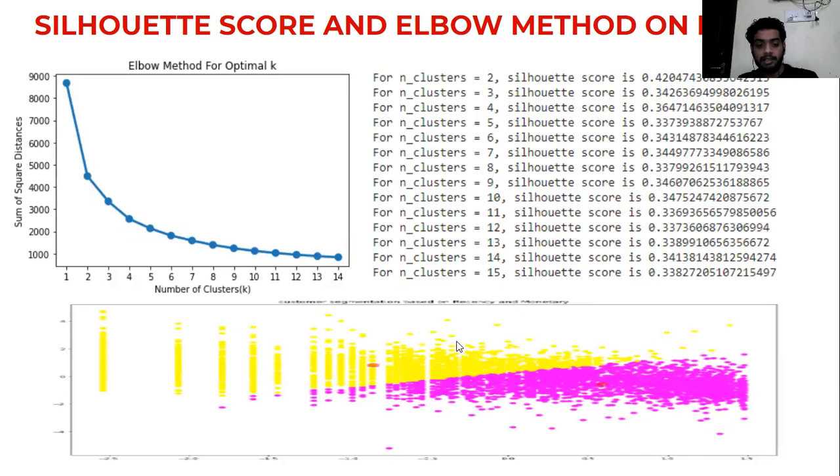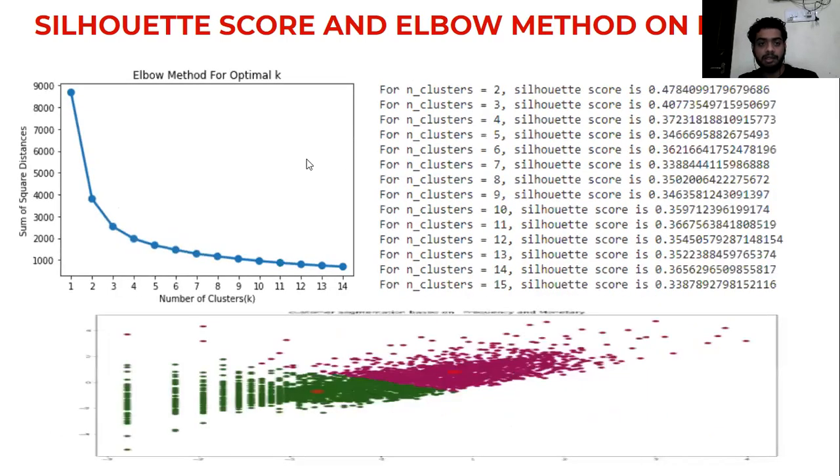And here is the customer segmentation between the recency and monetary group, and we can see that there is clear grouping of customers through recency and monetary clusters. So next is our similarity score and elbow method on frequency and monetary.